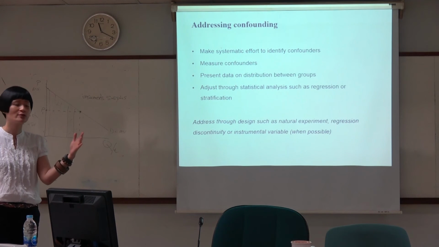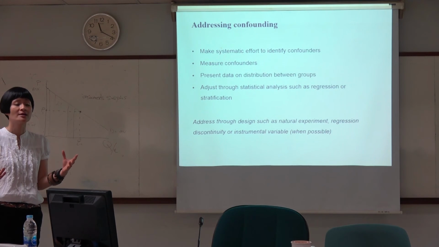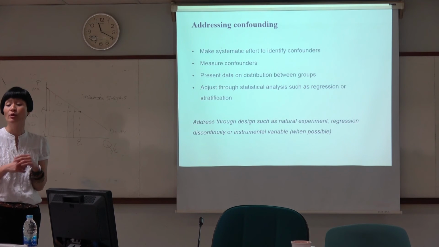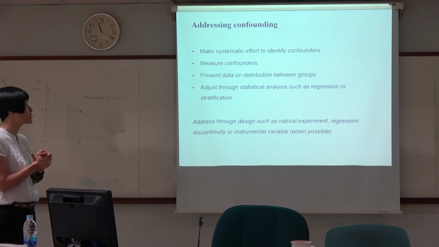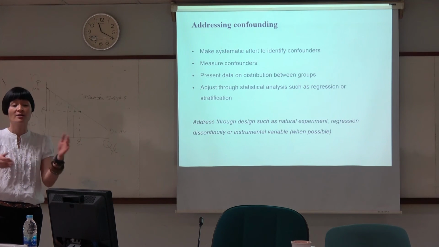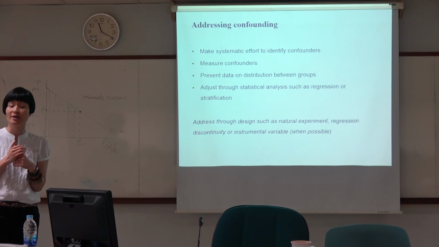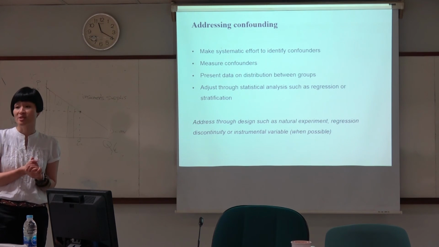For natural experiment, for instance, in Scotland years ago we introduced a smoking ban in public places. In order to evaluate the effectiveness of the smoking ban, we only have observational data because there's no randomization between groups. So we looked at data before the policy was introduced, and then we looked at the data after the policy was introduced, using a natural experiment approach.